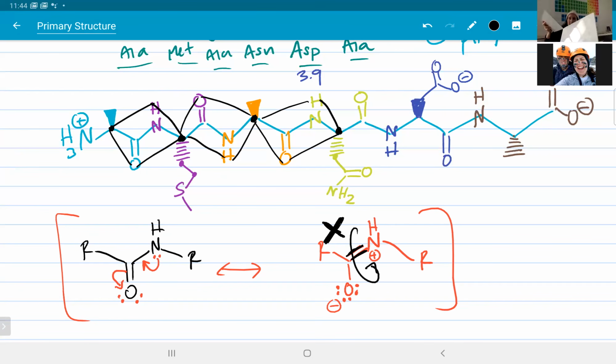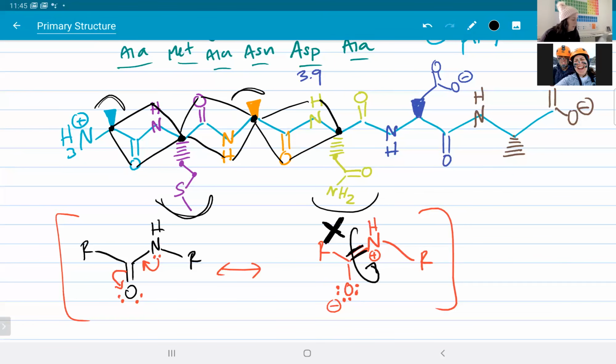How far things can rotate is going to be really limited by steric interactions of all your side chains. So the bigger and bulkier, the less likely you're going to be able to rotate very far, and the amide bonds, which are essentially the plates, get interference from the functional groups coming off your side chains.